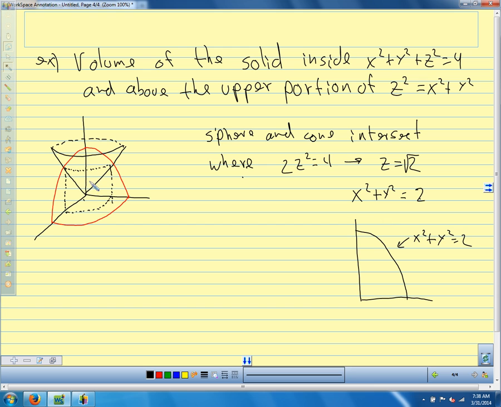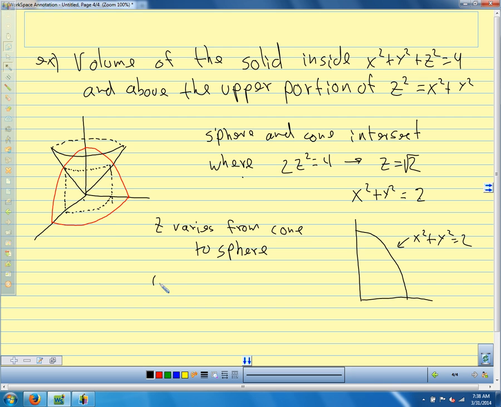And z is going to vary from the cone to the sphere. So we want the portion that's above the cone and inside the sphere.